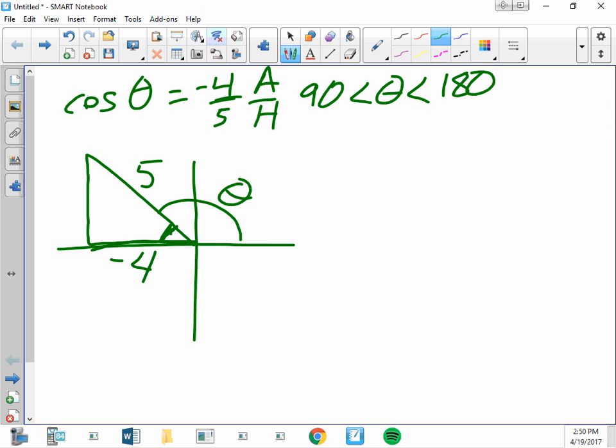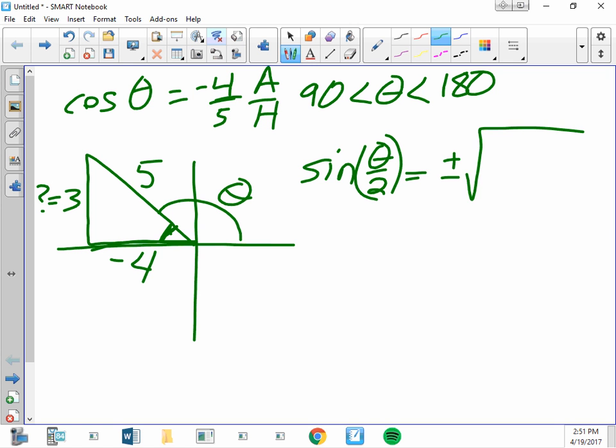Okay, so what about this value here? Positive or negative? The question on number 19 says, what is the sine of theta over 2? So this will answer your question. That is found by doing plus or minus the square root of 1 minus the cosine of theta over 2.